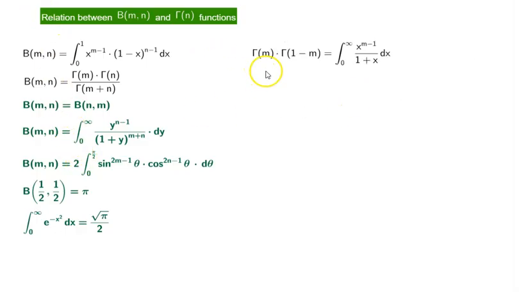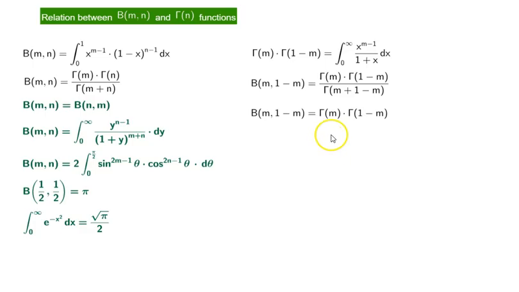Here it says gamma of m times gamma of 1 minus m is equal to the integral from 0 to infinity of x to the power of m minus 1 by 1 plus x dx. So let's proceed. We know beta of m, 1 minus m is equal to gamma of m times gamma of 1 minus m divided by gamma of m plus 1 minus m. So m disappears in the denominator.